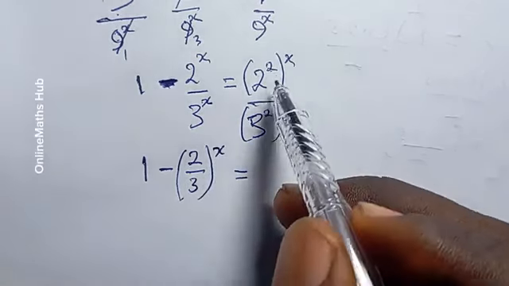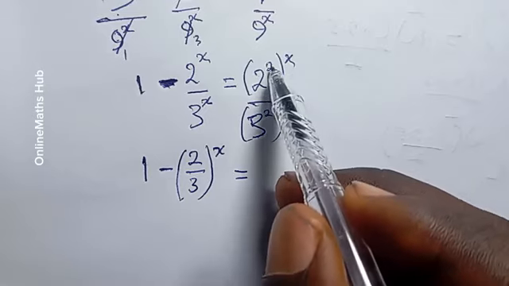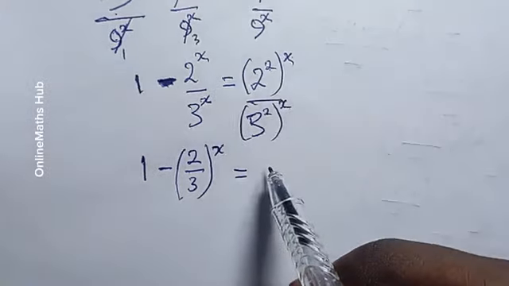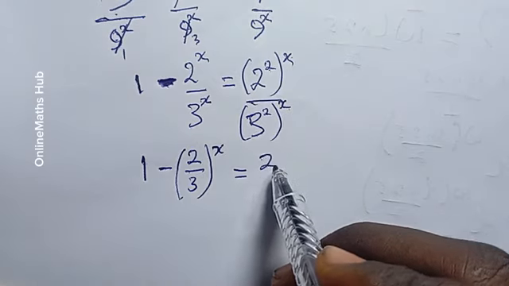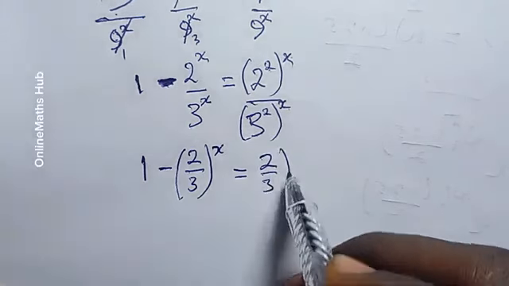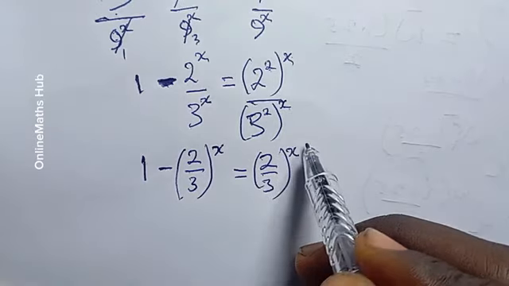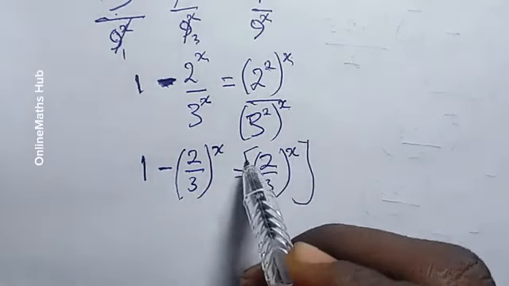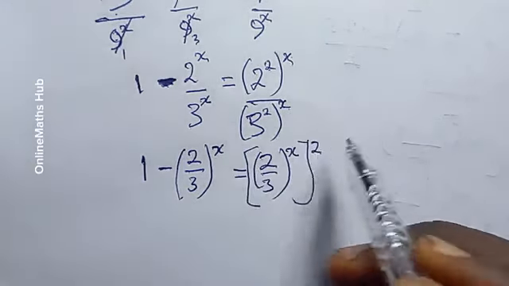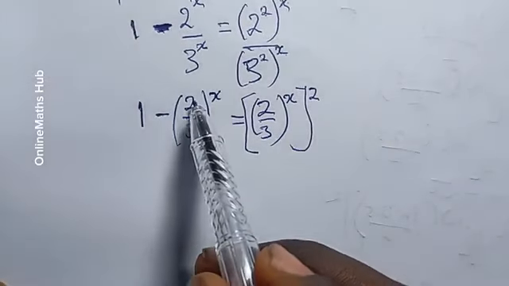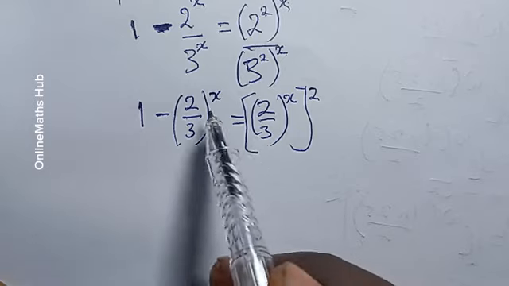so if I push out this 2x right here, you're going to be seeing 2x over here and of course 2x right here. So I can write this as 2 over 3, all raised to power x, this x right here, and then let me also bring out the other 2. So that you can see that we have some common terms right here, which is 2 over 3 power x.